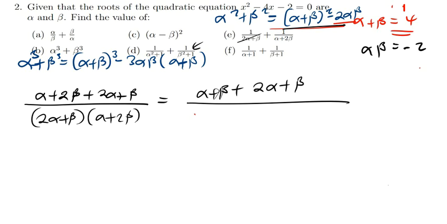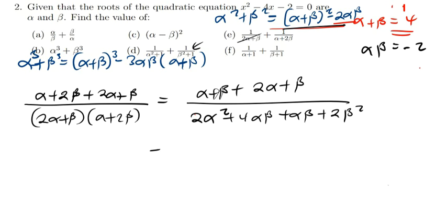I start writing alpha. So this one I can expand. 2 alpha times that is going to be 2 alpha squared. Alpha times 2 beta is 4 alpha beta. Beta times alpha is alpha beta. Then beta times 2 beta is also going to give me 2 beta squared.